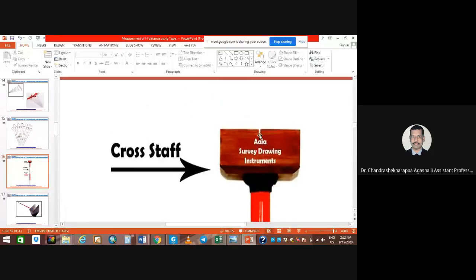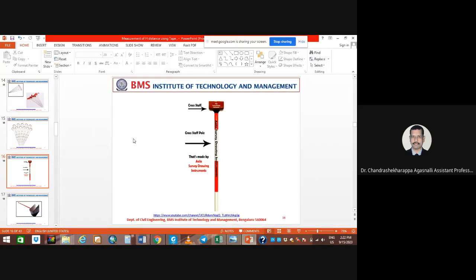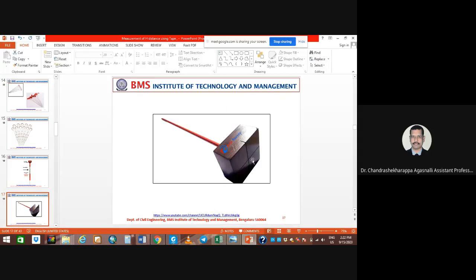And here you can see the gap. Why are we making the gaps? To make the proper alignment. Through this you have to see whether all the intermediate points are in proper alignment or not. One line is like this, another line is like this, so we have to check this.